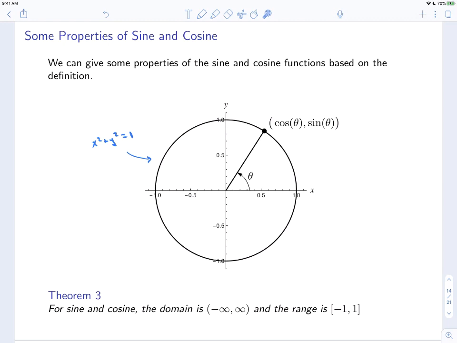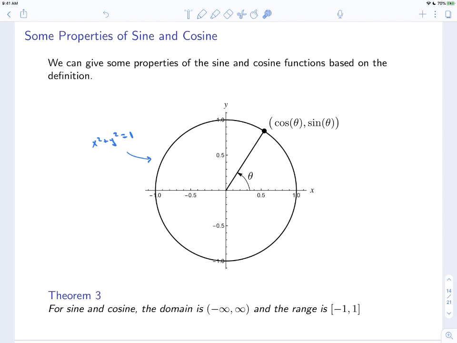For example, Theorem 3. For sine and cosine, the domain for each one of these is the set of all real numbers, and the range is the set of numbers from -1 to 1, including the endpoints. Why is that? Well, the domain is any value that you can put in for theta, and you can put in any real number for theta.